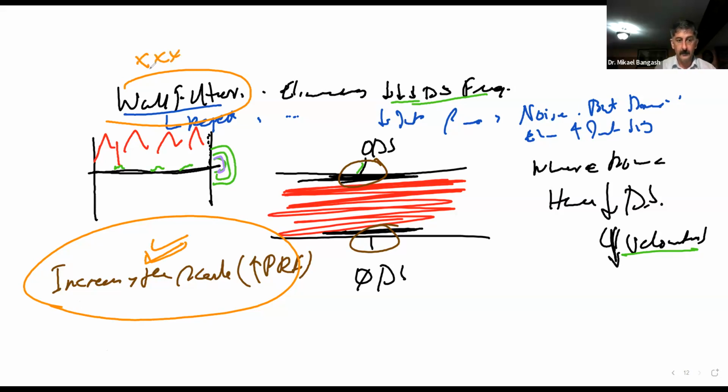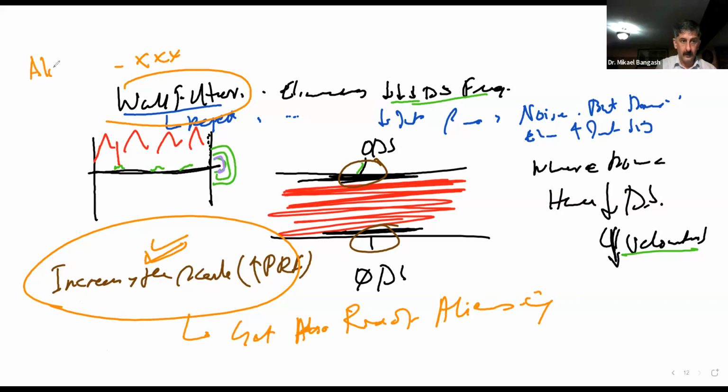By increasing the scale you also get rid of aliasing. Increasing the wall filter is not getting rid of aliasing.